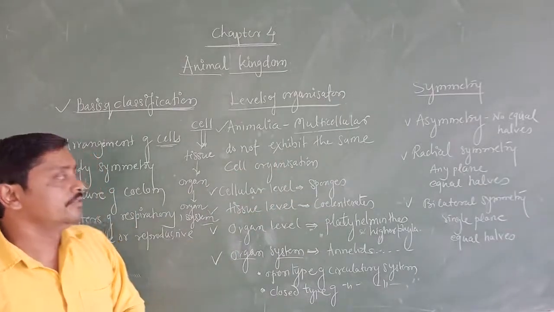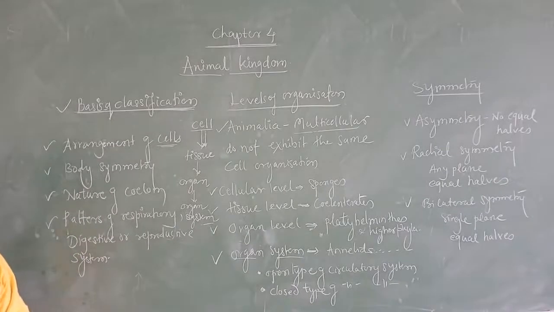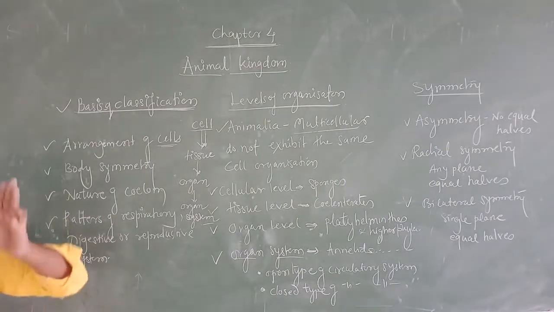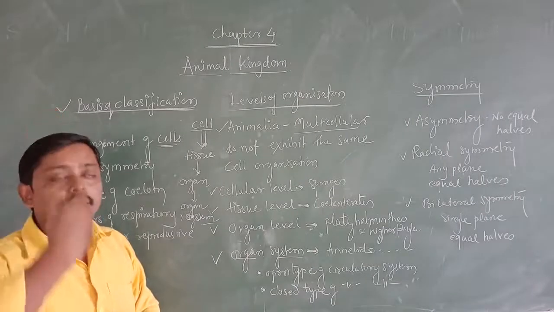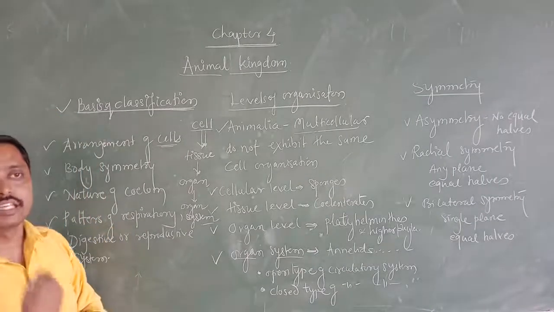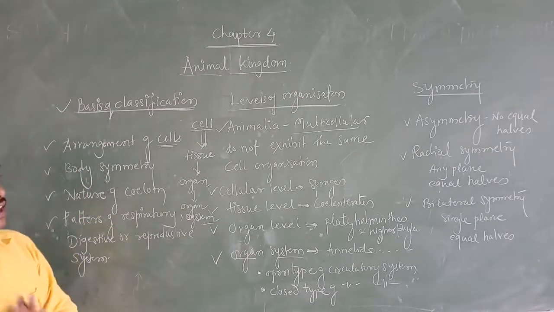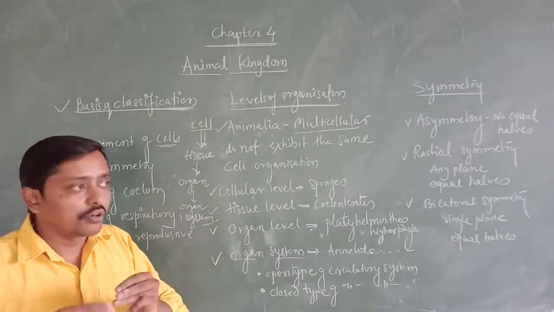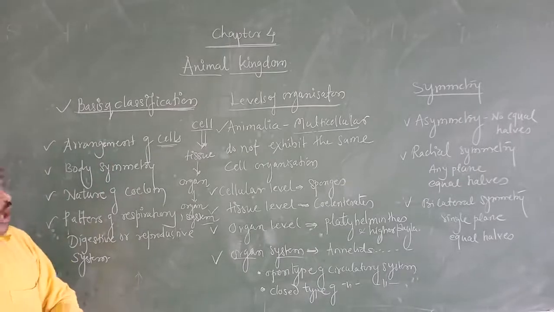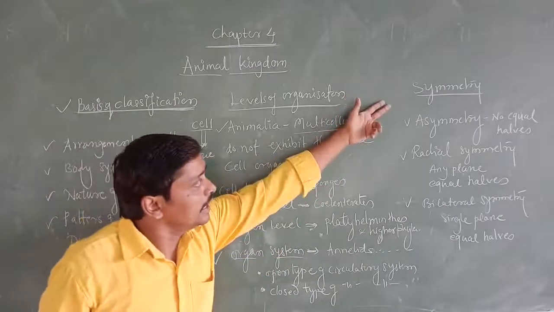Symmetry, in the sense, when we look at an organism, for example a crab or a human being, what we study under symmetry is when we cut the organism in any plane or a single plane passing through the center. For example, we cut the human being through the center. Then what happens? You get two equal parts. On the basis of that, we study symmetry.